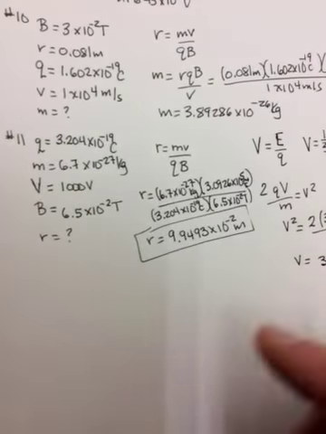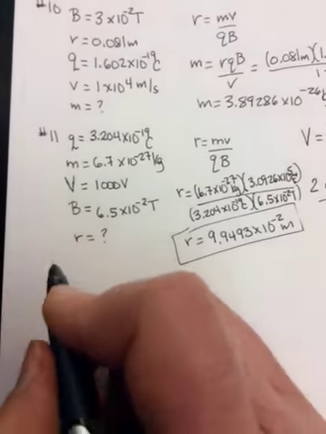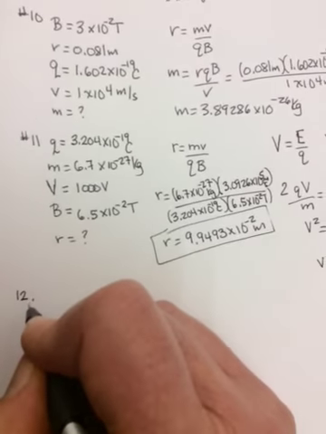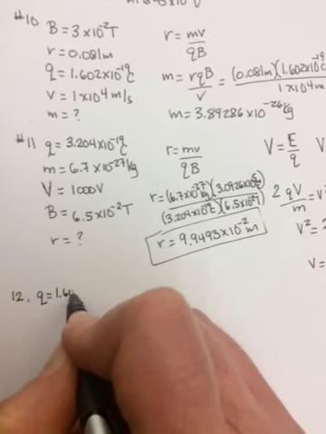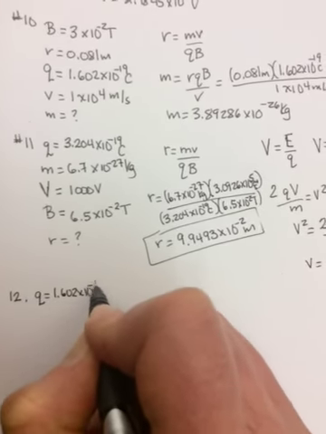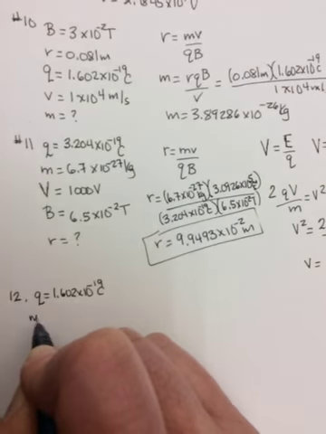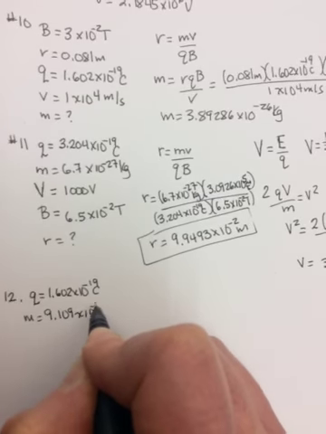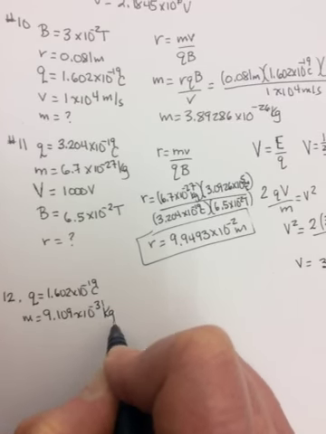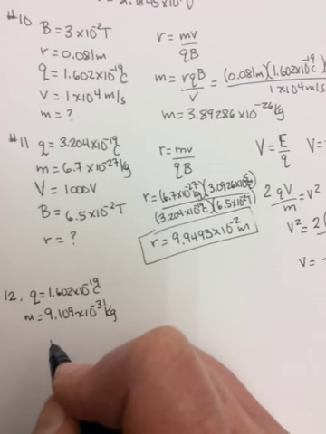Number 12 says an electron. So it's an electron, which means its Q is 1.602 times 10 to the negative 19 coulombs, and its mass is 9.109 times 10 to the negative 31 kilograms. They don't have to tell you that, they assume you know that.